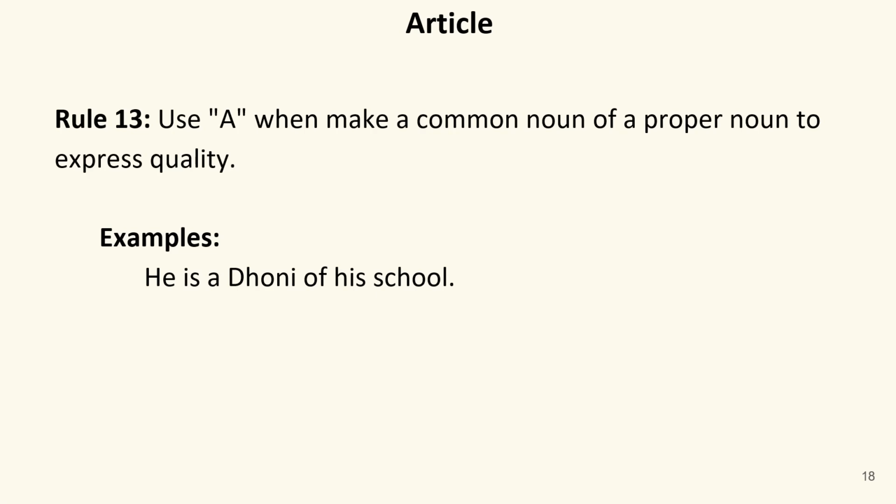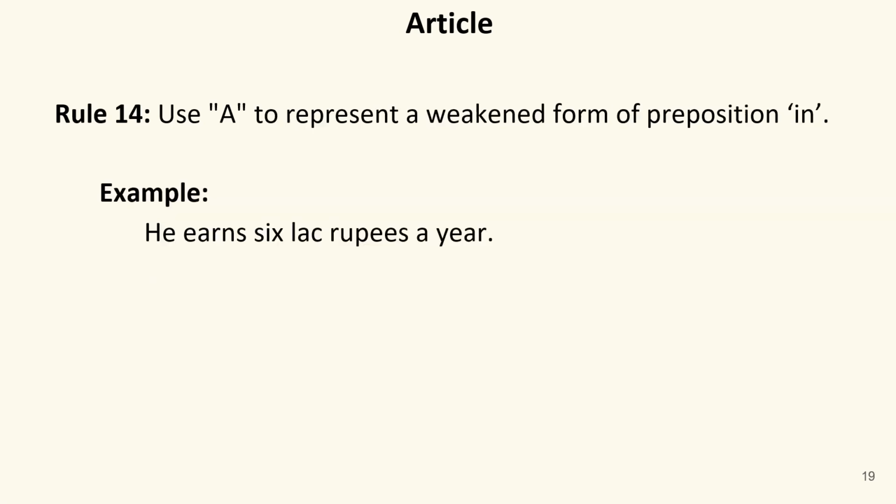So he is a Dhoni of his school. It means he possesses some qualities of Dhoni which he is applying in school. Means he is a person who possesses the quality of Dhoni, and he is in our school.